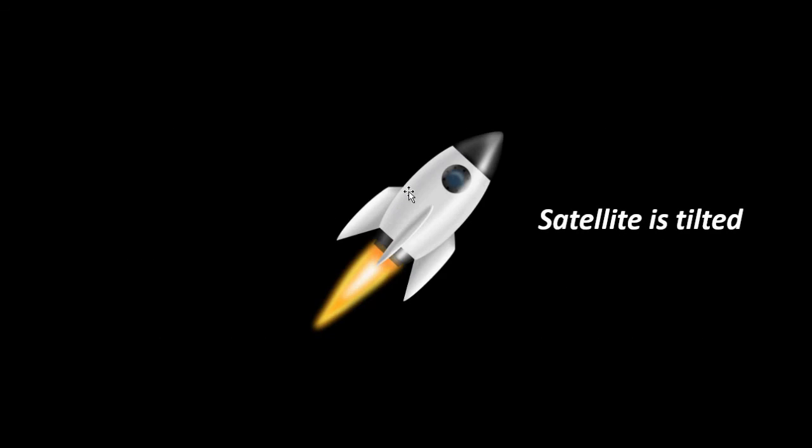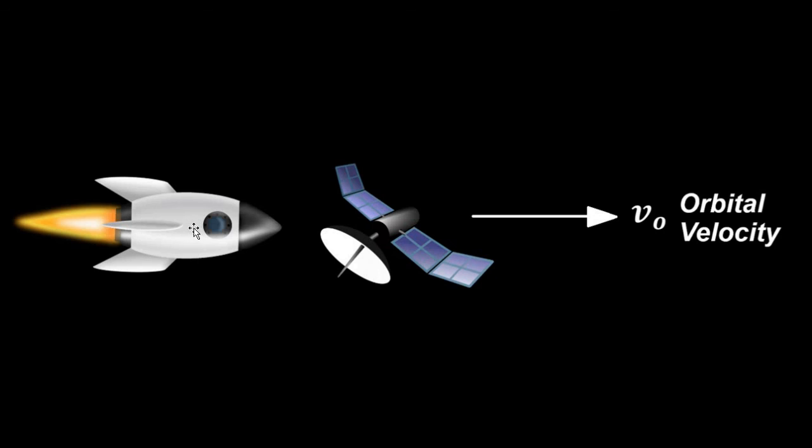Then the rocket is tilted in a certain direction in the second stage, and then in the pure horizontal direction, the total rocket separates itself from the satellite, and the satellite is given the required orbital velocity in the horizontal direction.